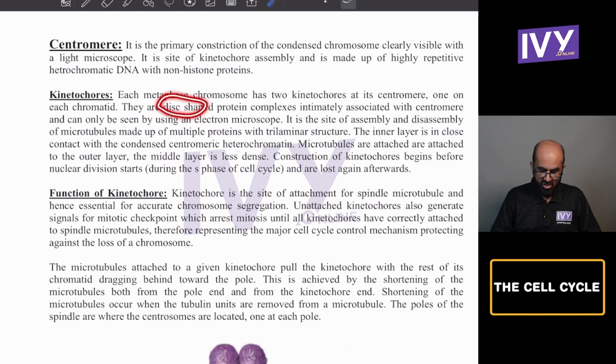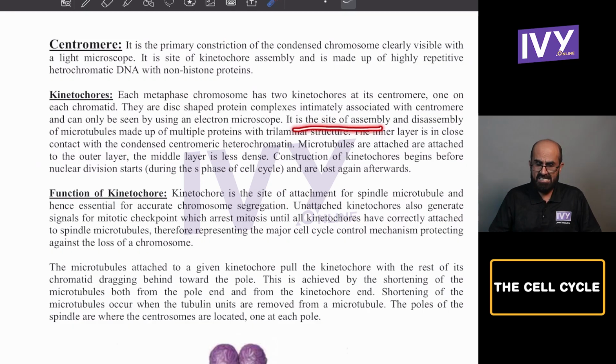They are disc-shaped protein complexes intimately associated with centromeres and can only be seen by using an electron microscope. Very important to keep in mind that kinetochore cannot be seen using a light microscope because it is a very tiny structure, a disc which covers the centromere. However, the centromere can be seen by using a light microscope.